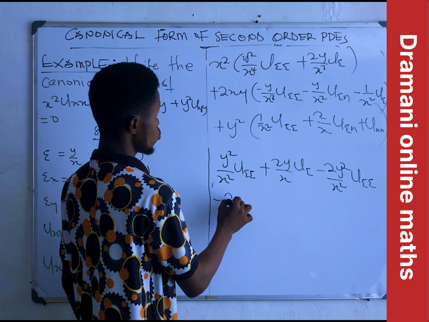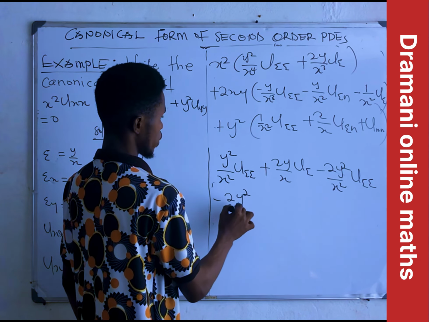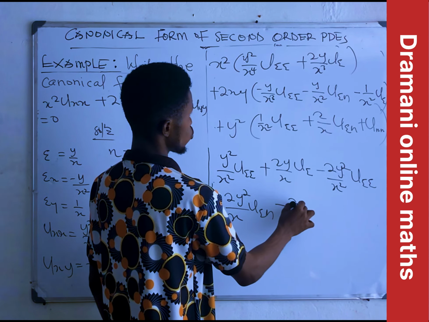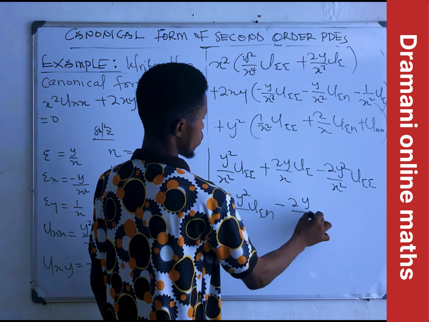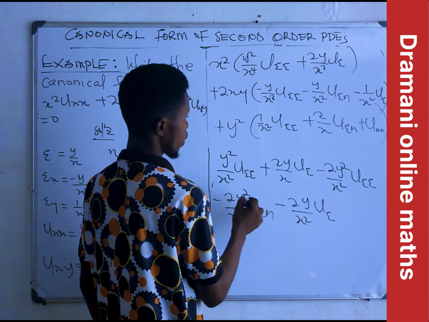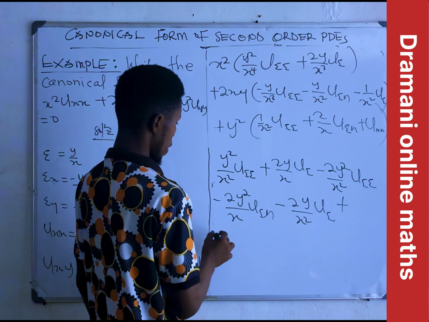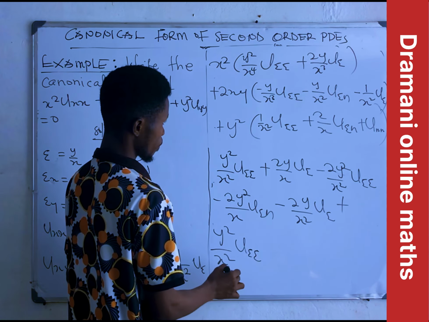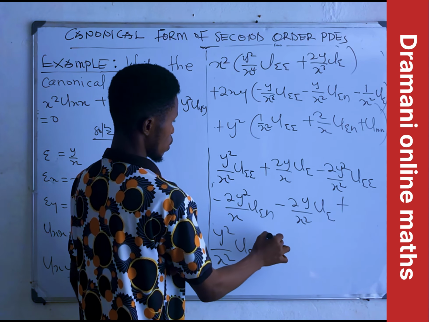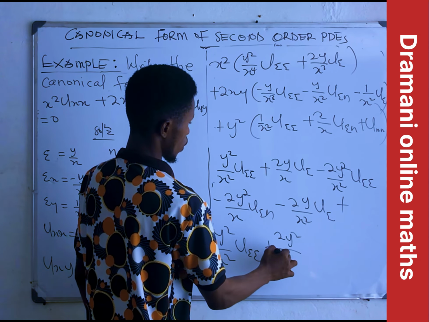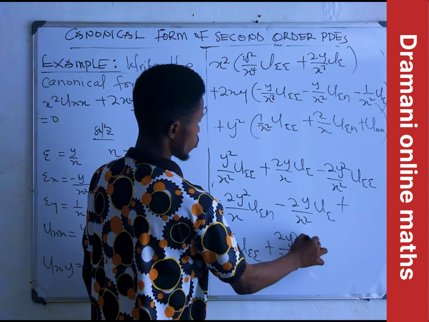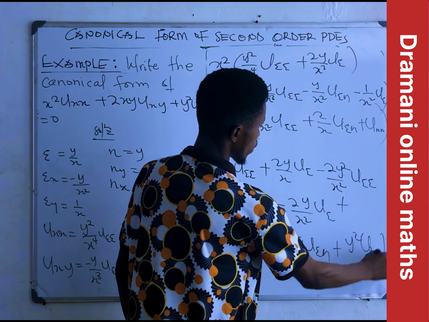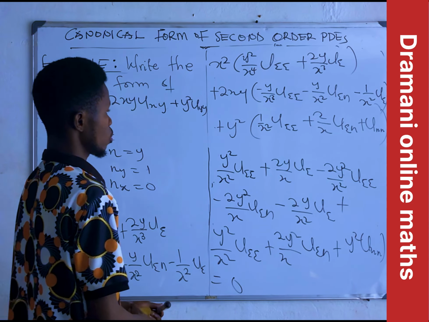I'm also going to have 2y squared over x u xi eta minus 2y over x squared u xi plus this multiplied by this, I have y squared over x squared u xi plus 2y squared over x u xi eta plus y squared over u eta is equal to what? 0. So let me bring it up here.